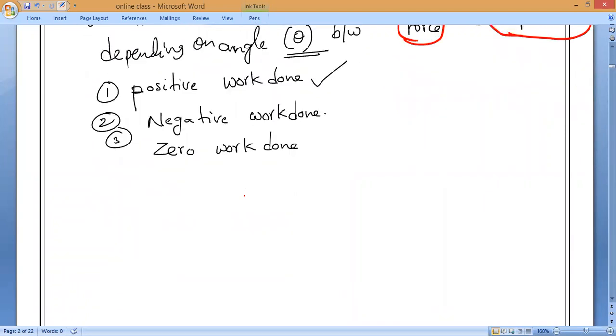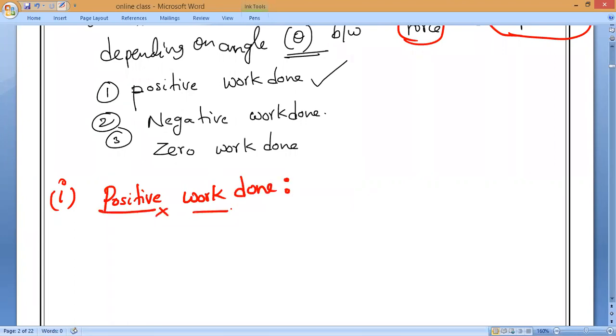Now, let us come to the first: positive work done. Everybody keep heading. Anyone having doubt, you can ask me. Positive work done. Now listen. When the angle between the force and displacement is acute. What do you mean by acute from mathematics?